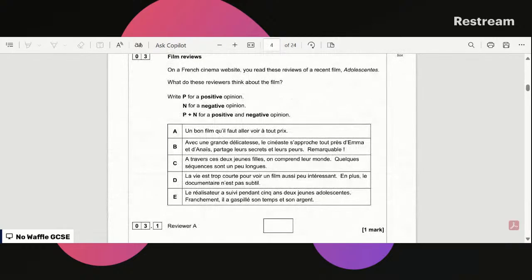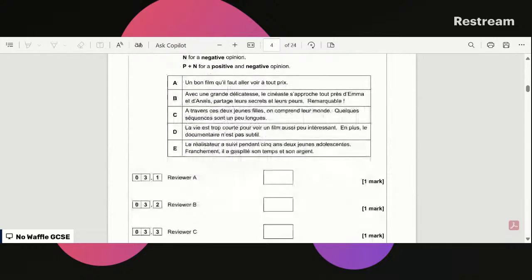On a French cinema website, you can read these reviews of a recent film. What do these reviewers think about the film? P is for positive, N is for negative, P and N is for positive and negative opinion. So, un bon film qu'il faut aller voir à tout prix. So that is positive. One should go there for any price, they're saying.